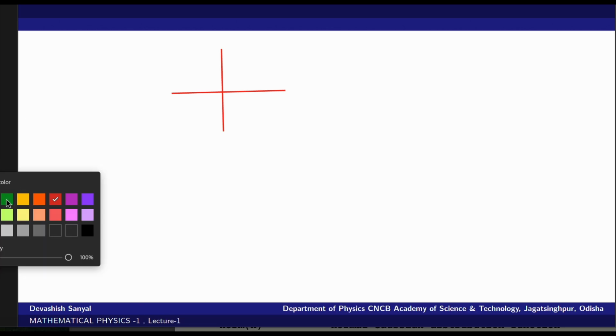So let us draw again. This is your y-axis and this is my x-axis. So what is y is equal to f(x)?